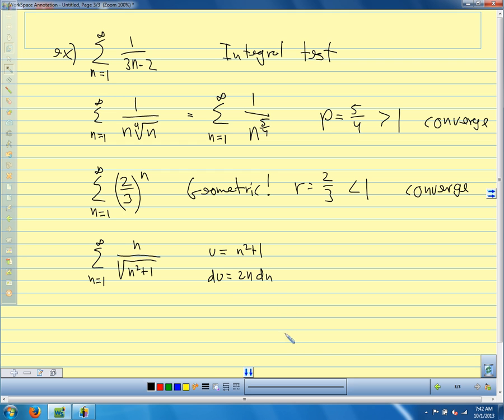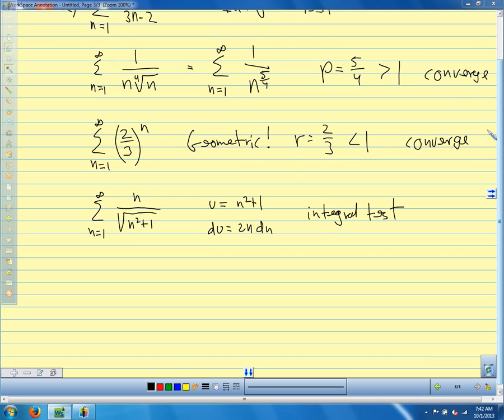So what are we going to use here? Integral test. So we can use the integral test on this one. And if we use the integral test, it turns out Max is correct. This does turn out to diverge.